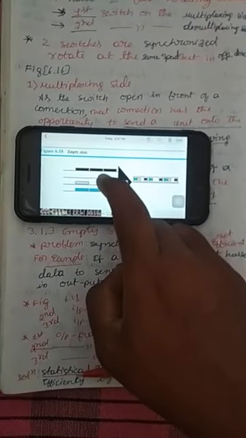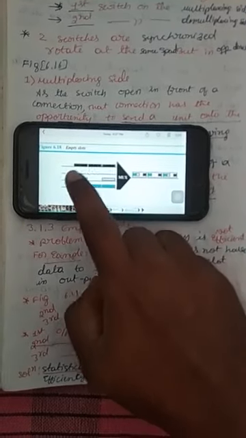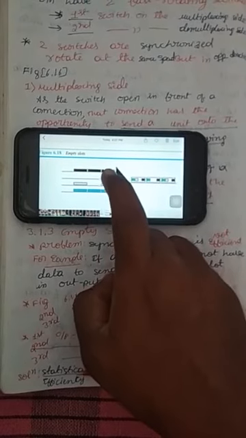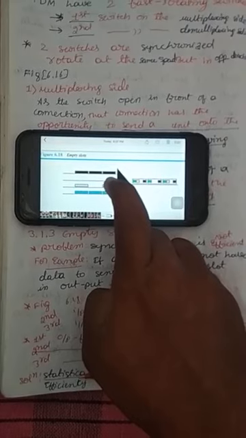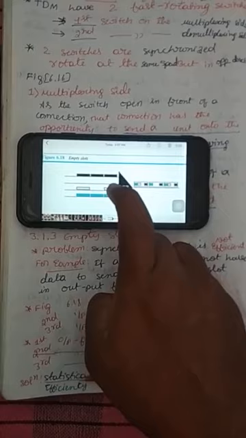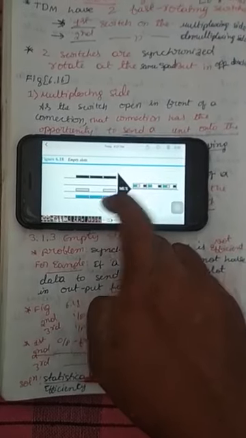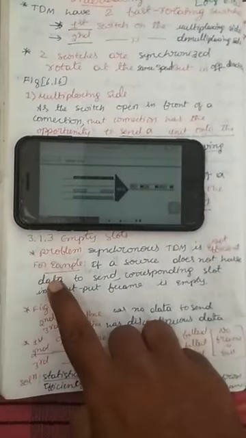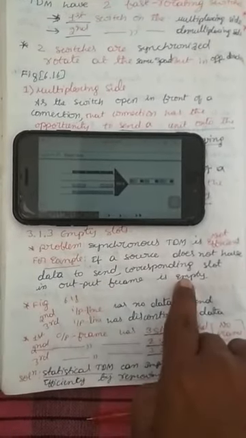You can observe that this is one line, this is another line, so here there are 4 lines. In the first line there is data to send, in the second line there is no data, in the third there is a gap between the data, and in the fourth line we have data.